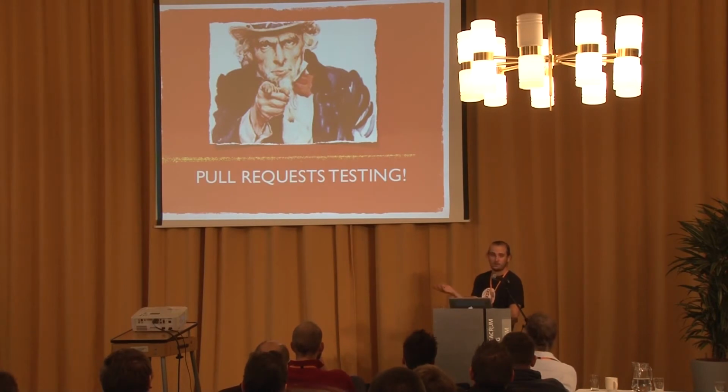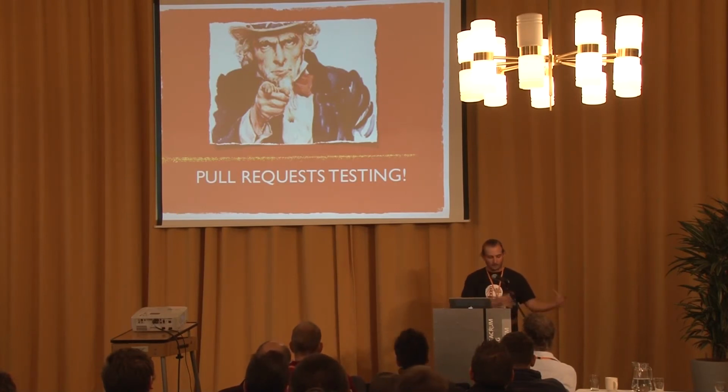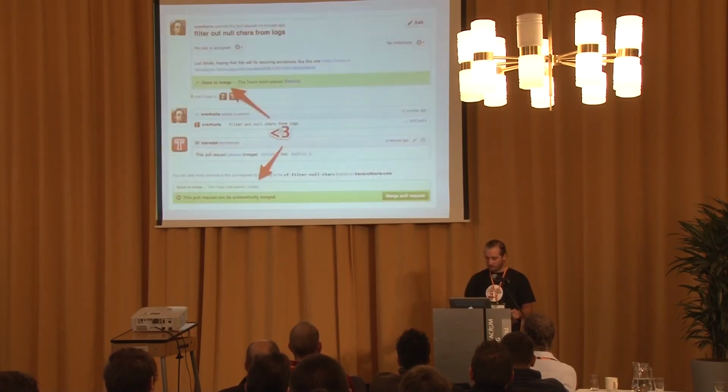So pull requests can also be done in the same repository, not only between repositories, but also in the same repository between branches. A developer would come in and select, I want to work on this particular task, do all the work in the branch, and then do a pull request from that branch to master in the same repository. And we would get notified.